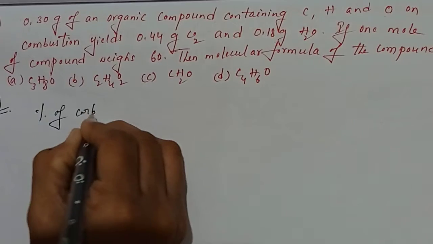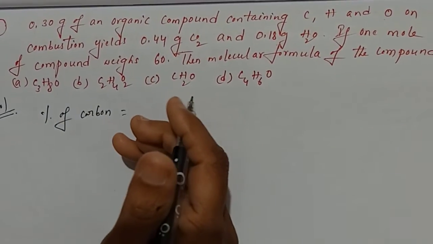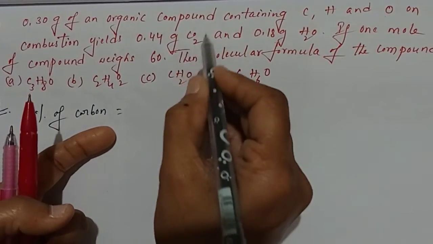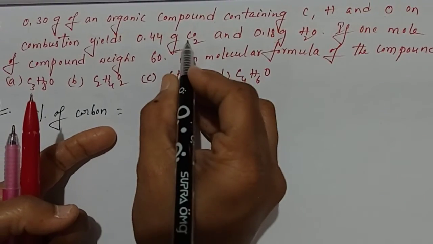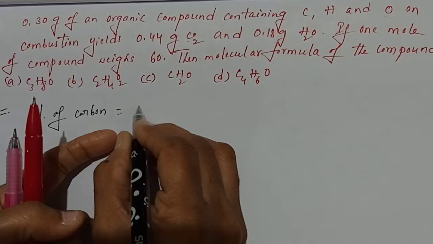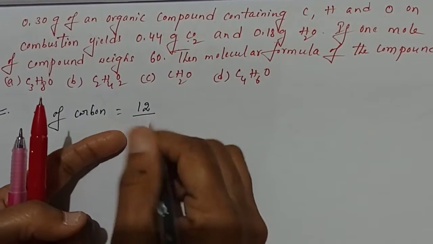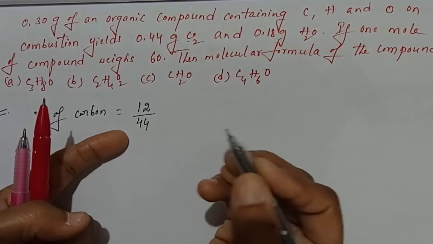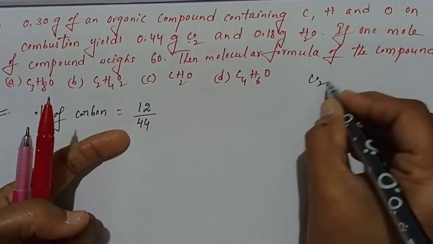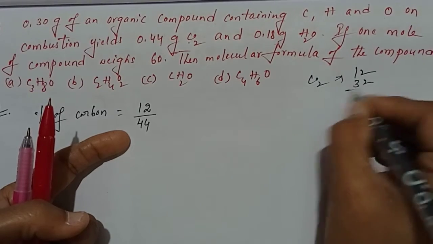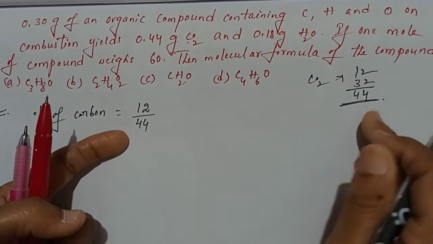In CO2, how many carbons are there? Only one carbon. So carbon atomic weight is 12, divided by the CO2 molecular mass, how much, students? 44, correct? CO2 molecular mass: carbon 12, 2 oxygens means 32, total 44.